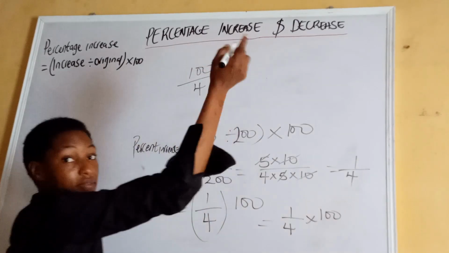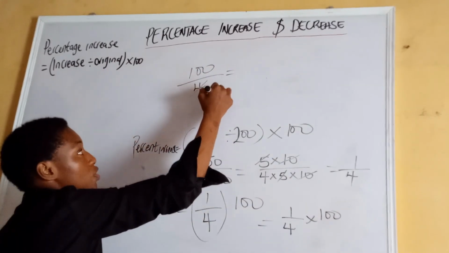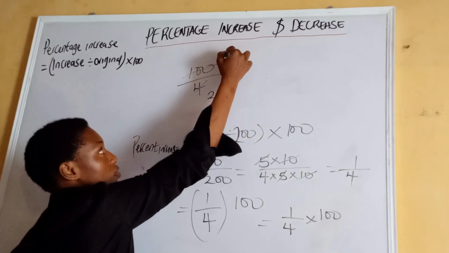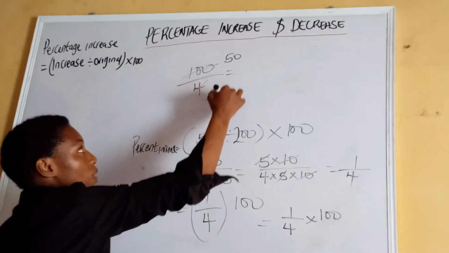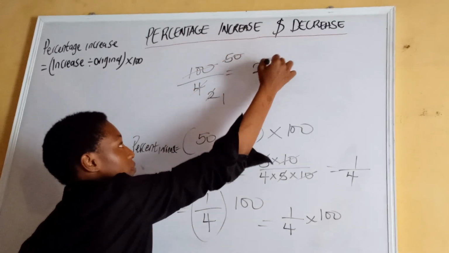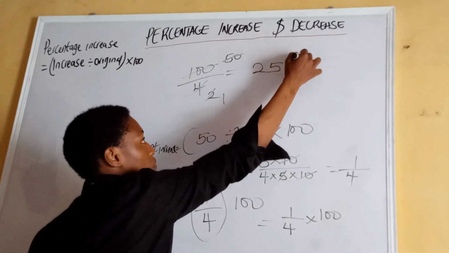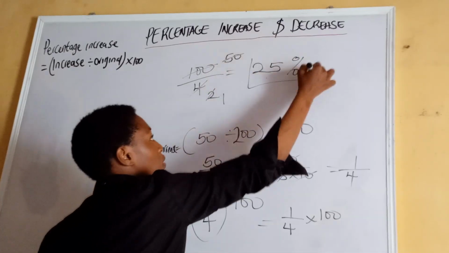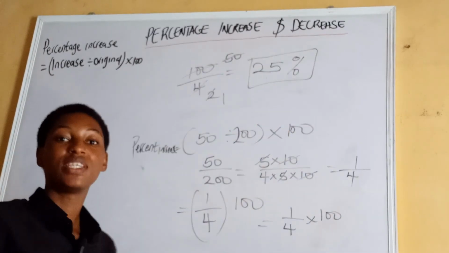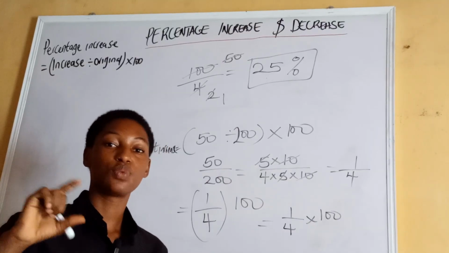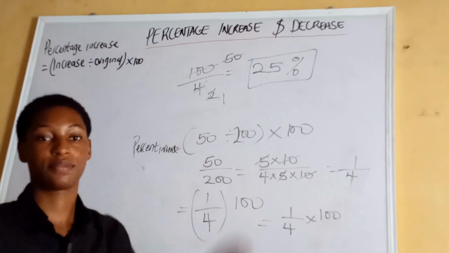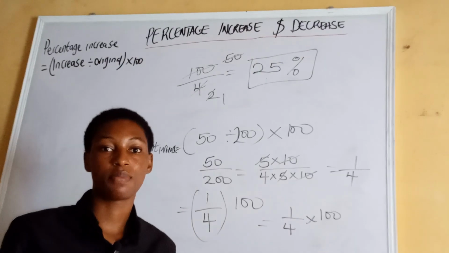You can simplify through by 2. 2 in 4 is 2. 2 in 100 is 50. You can simplify again. 2 in 2 is 1. 2 in 50 is 25. So when your pocket money increased from 200 naira to 250 naira, it means it was increased by a percentage of 25. That's how to think about percentage increase.